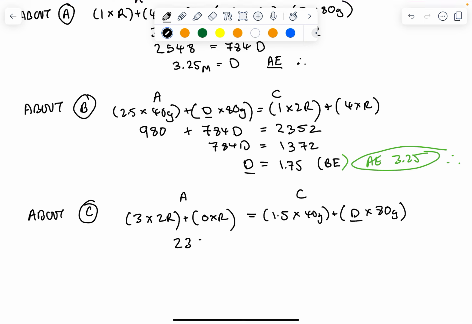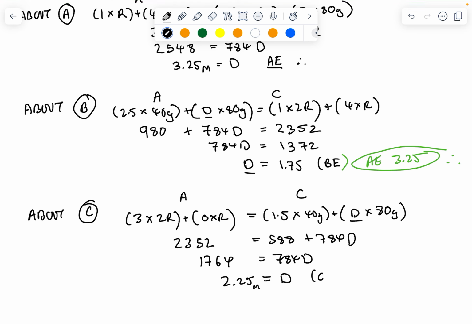Right. So that gives me 2352. That's equal to 588 plus, as before, 784D. 1764 equals 784D. So 2.25 equals D. Remember, meters because it's distance.